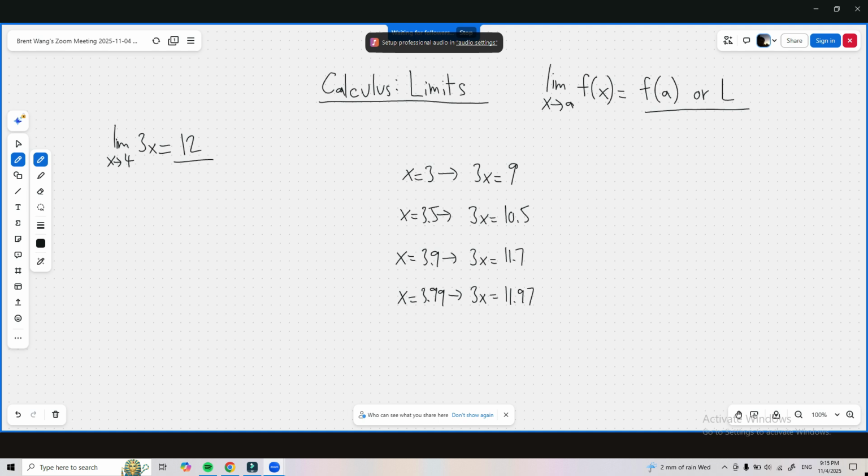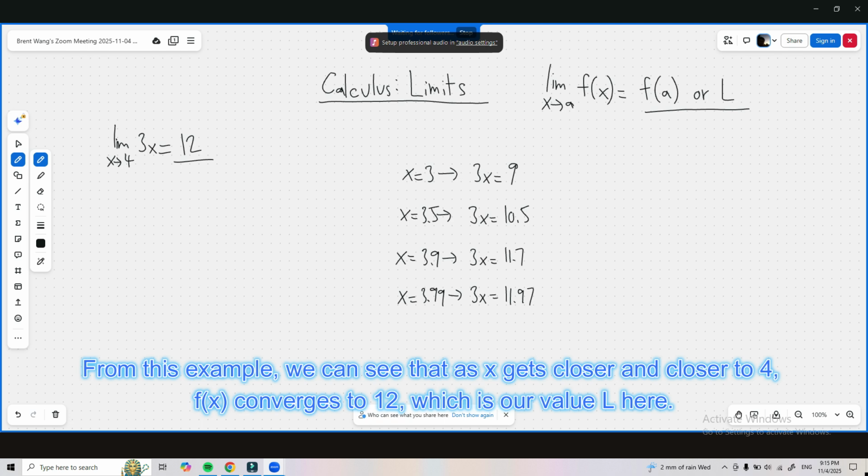And lastly, let's just do something a little over 4. If x is equal to 4.0001, then we get 3x is equal to 12.0003. What I'm trying to say is that the closer we get to x equals 4, the closer our limit value L approaches 12, but not actually equaling 12.